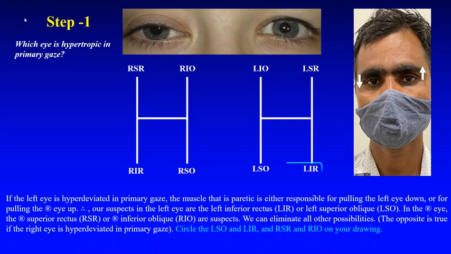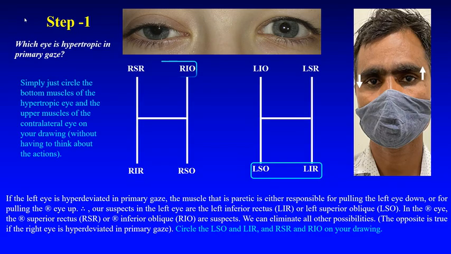So if the left eye is hyperdeviated in primary gaze, the muscle that is paretic is either responsible for pulling the left eye down or for those pulling the right eye up. So therefore our suspects in the left eye are left inferior rectus or left superior oblique. In the right eye, the right superior rectus or right inferior oblique are suspects. We can eliminate all other possibilities.